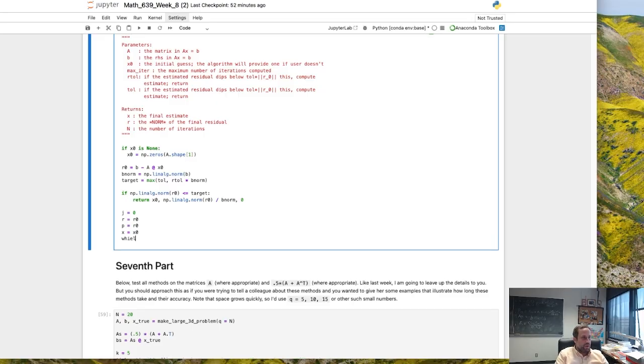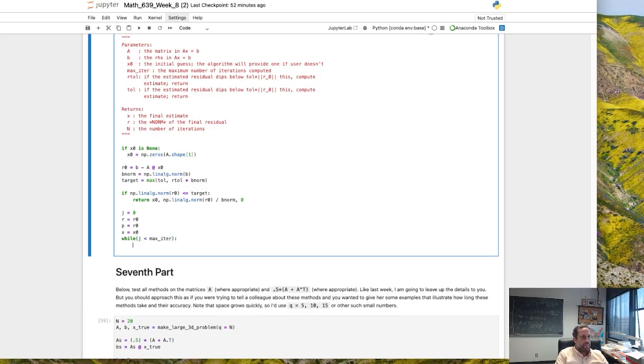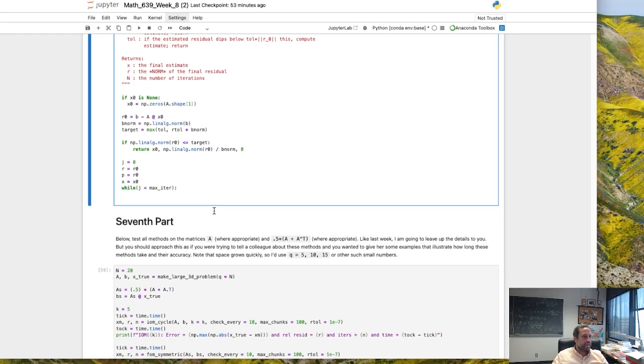And now we're going to say while J is less than max iter. And now we're going to have our main loop here. So you might want to look at the CG algorithm as we go over this.